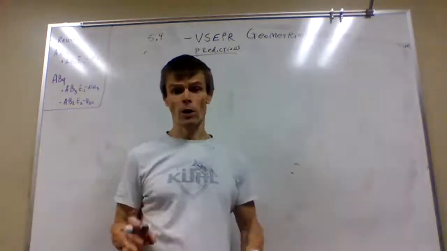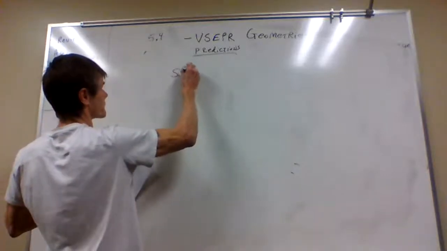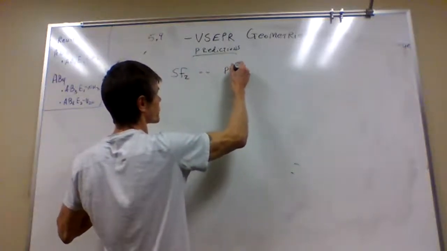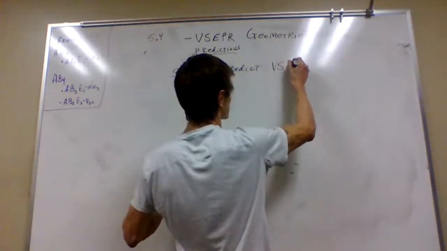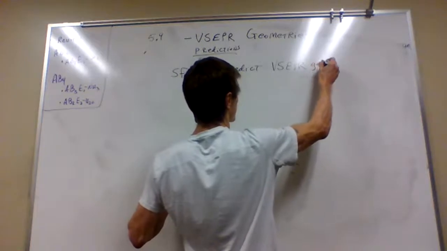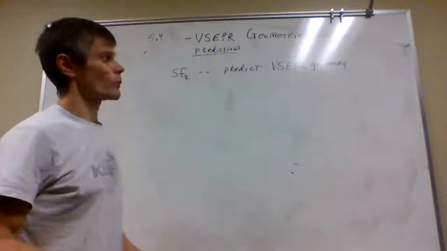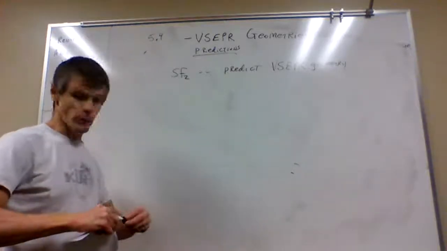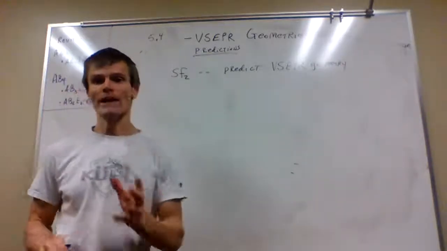Let's look at 2 molecules, and let's predict a VSEPR geometry. So when we're predicting a VSEPR geometry, we do have a certain set of rules that we always follow. The first thing that we need is we need to write a Lewis structure.